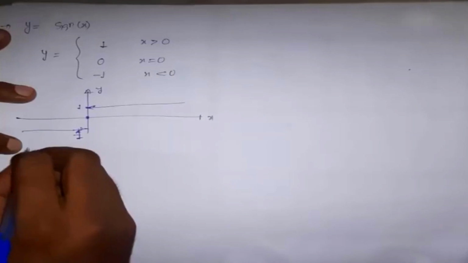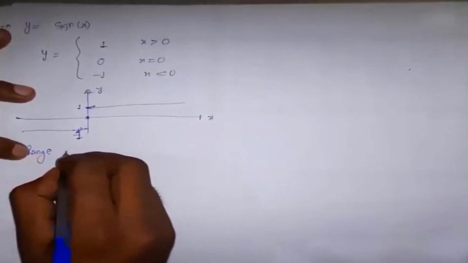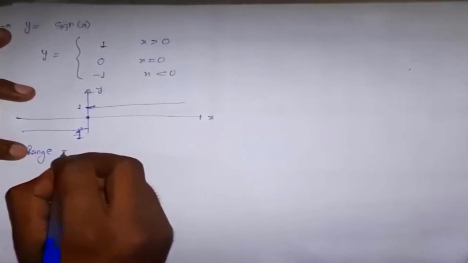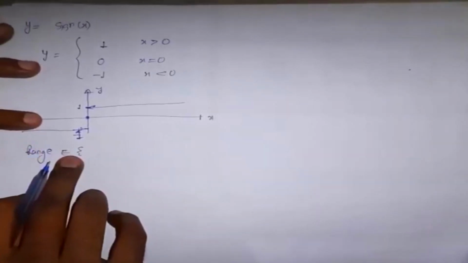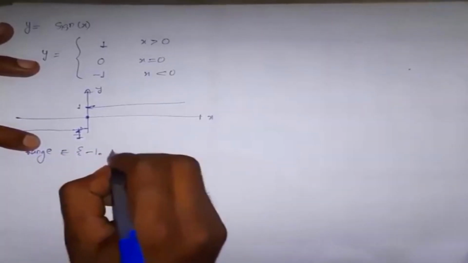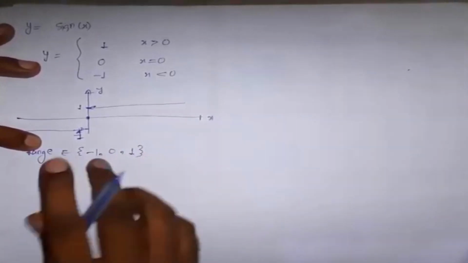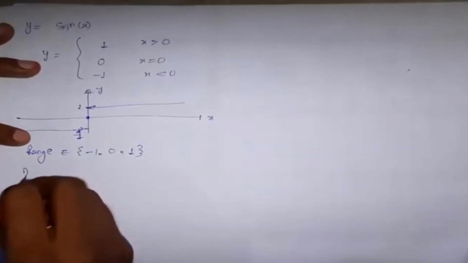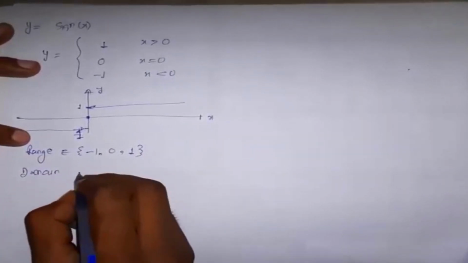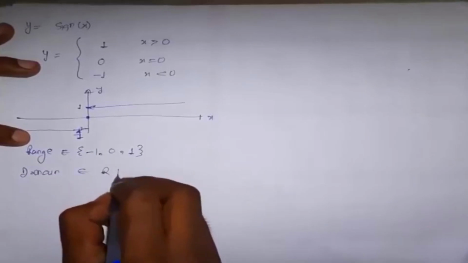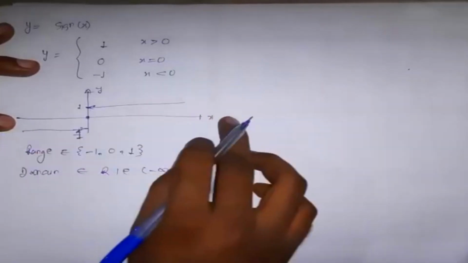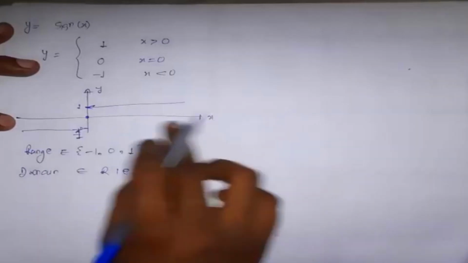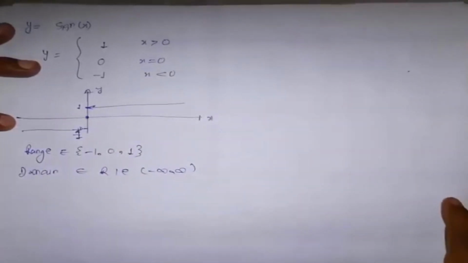So the range of this function belongs to, I am taking a curly bracket like this, minus 1, comma 0, comma 1. These 3 points are the range of this function, and the domain belongs to real, that is minus infinity to infinity, because it can take each and every value of x, because the graph is lying in the whole range of the x-axis. Okay, so I hope it is clear.